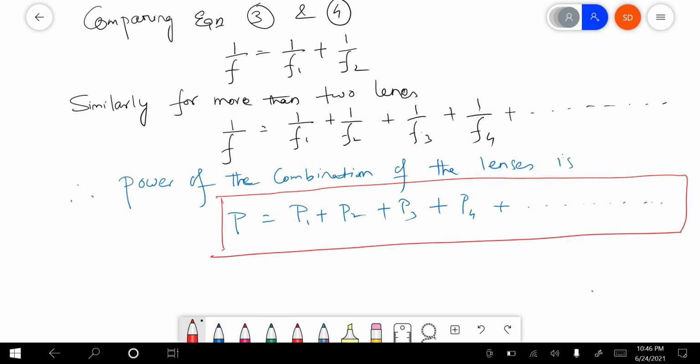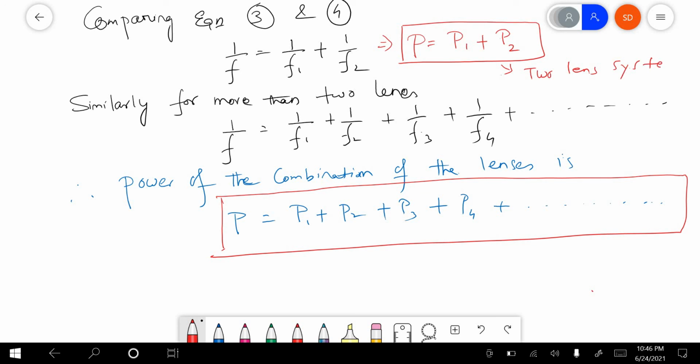For a two lens system, you can write this as 1 by f is P, 1 by f1 is P1, and 1 by f2 is P2. This is for a two lens system, and this relation is for a multiple lens system.